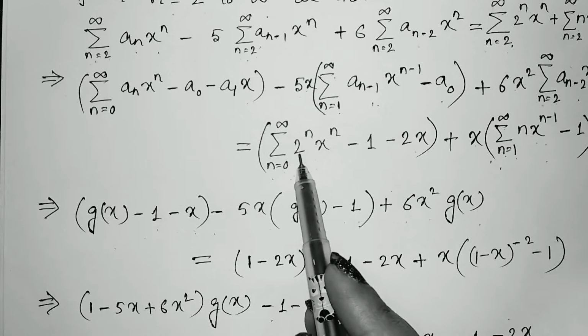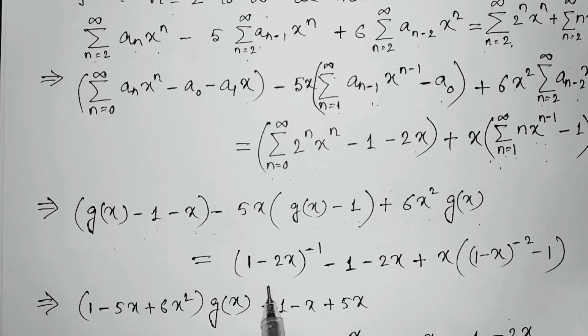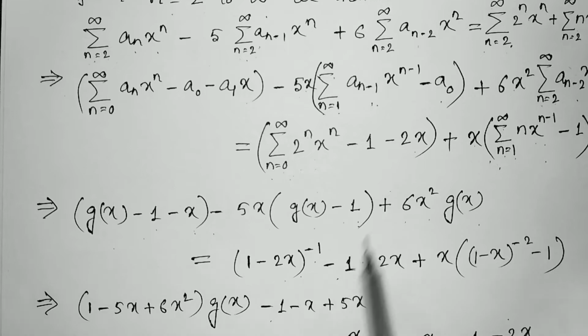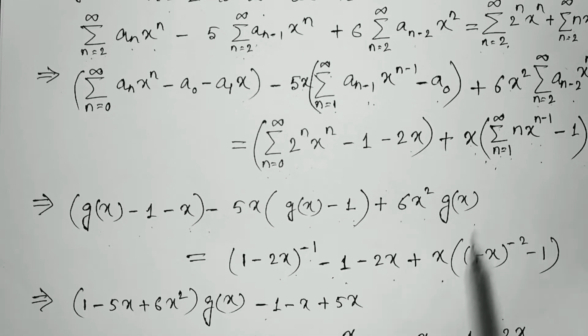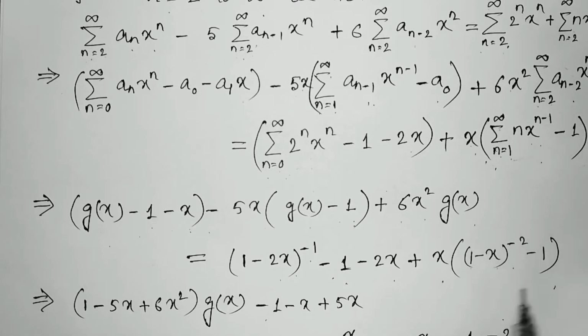If your a_n is 2 to the power n and this one is your given series, then we can write it as (1 minus 2x) to the power minus 1, then minus 1 and minus 2x. Then plus x remains outside, and instead of this one it should be (1 minus x) to the power minus 2, and it is minus 1.